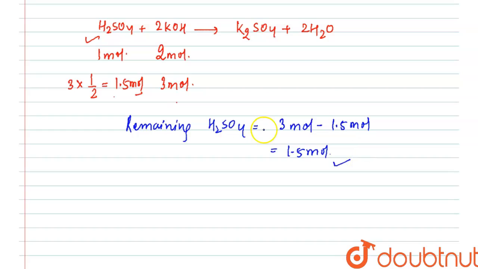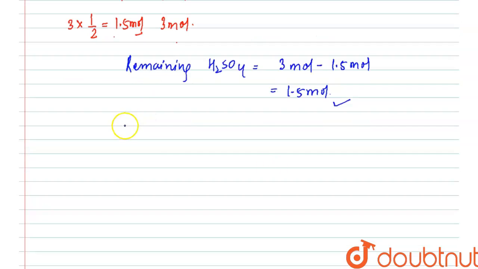That means the number of moles of H plus ion in the solution will be 2 times 1.5, because in 1 mole of H2SO4 we have 2 moles of H plus ion. Which means we have a total of 3 moles of H plus ion in the solution.